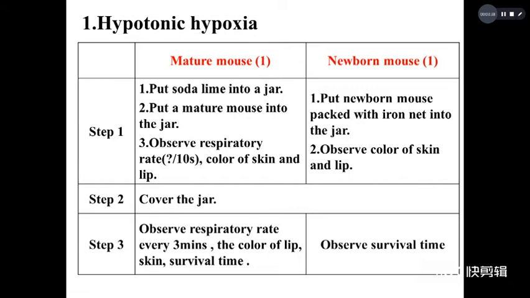And the next, it leads to partial pressure of oxygen in artery blood decrease. So hypotonic hypoxia happens. Now the next, you observe the respiratory rate every 3 minutes, the color of skin, and the swallow time. Now newborn mouse, you only observe swallow time.